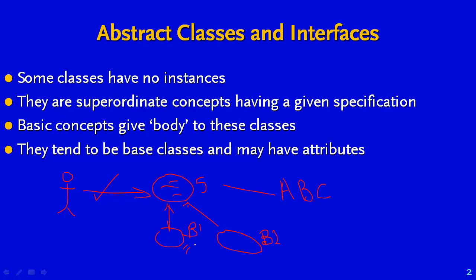So these could be options. B1 and B2 you've created, but the client says to you, I'd like a new one, B3. So there's a new class here. What you do is you create the new class B3, with all the necessary functions, which we'll talk about later, and off you go. You just make the link between S and B3 and you're finished.